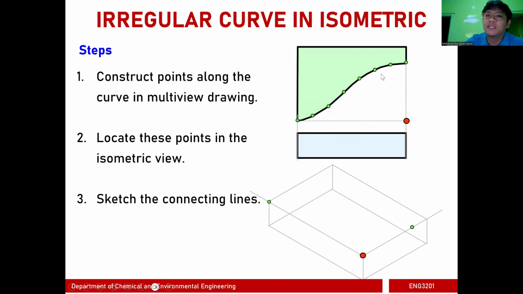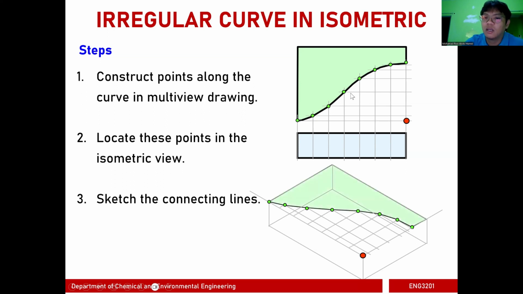Basically, it's kind of like a derivative thing where the smaller the interval between points, the more accurate it is. So as you can see, this green point is represented here. You just keep making points, and then eventually you connect the dots, and then you make a parallel line as well.